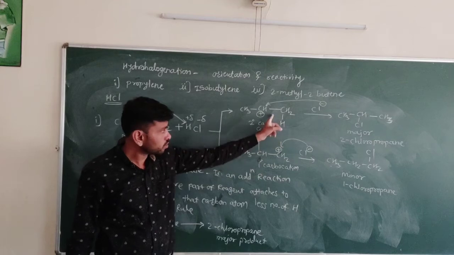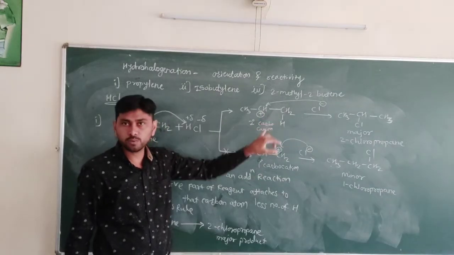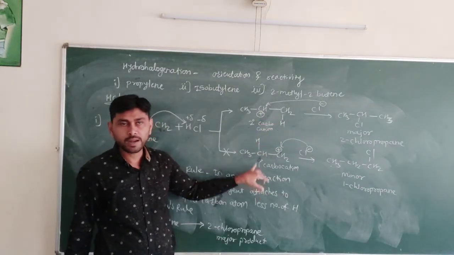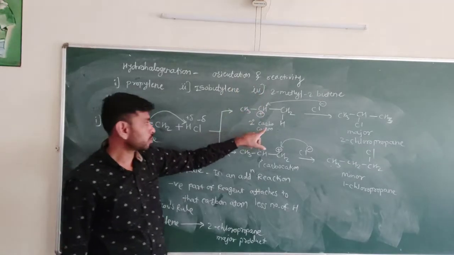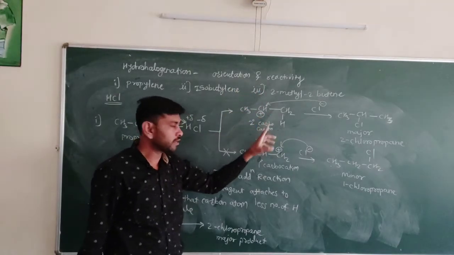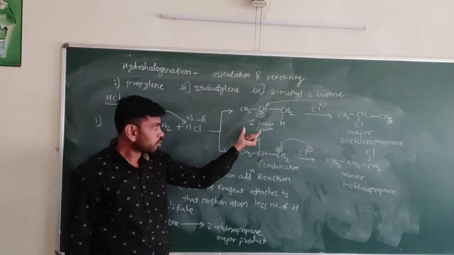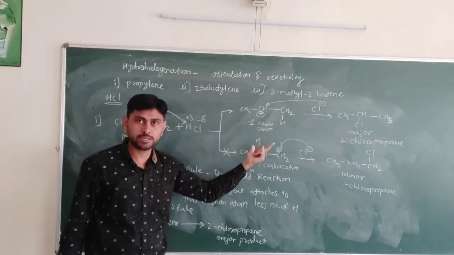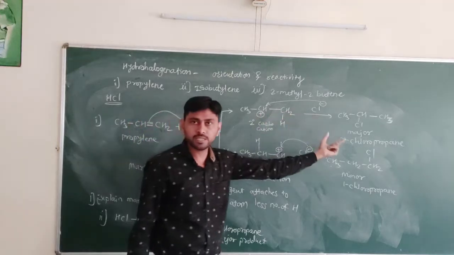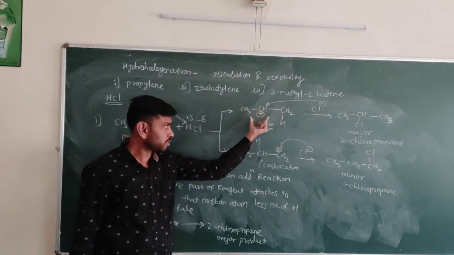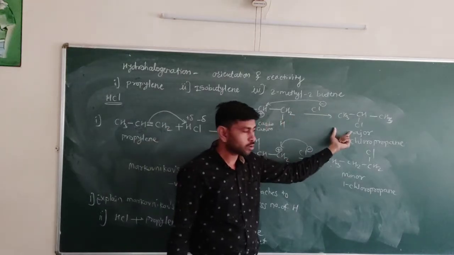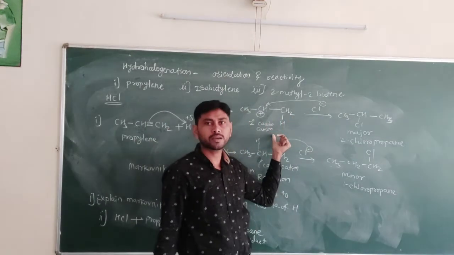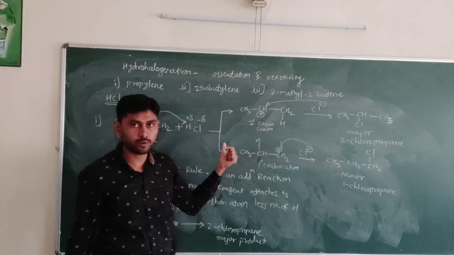So the secondary carbocation is more stable than the primary, and tertiary carbocation is more stable than secondary carbocation. The carbocation which is more stable forms faster and gives the major product. So the major product is obtained from this secondary carbocation.